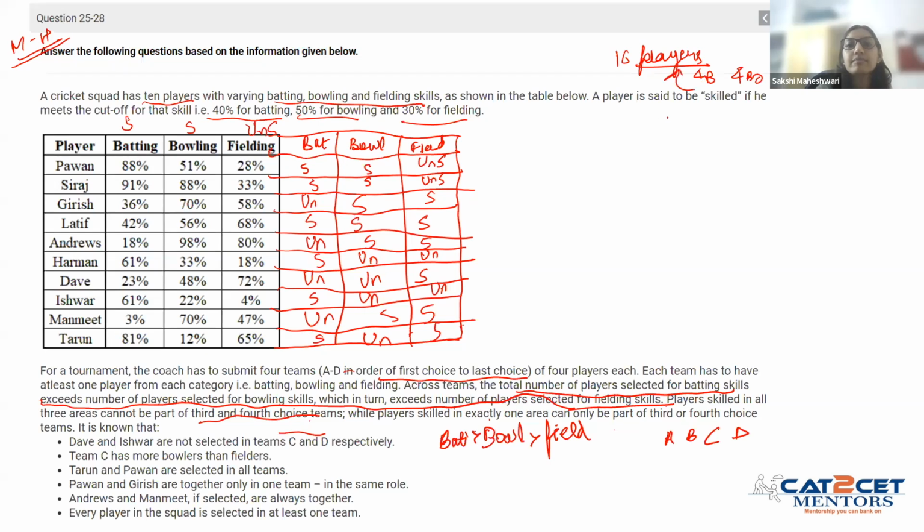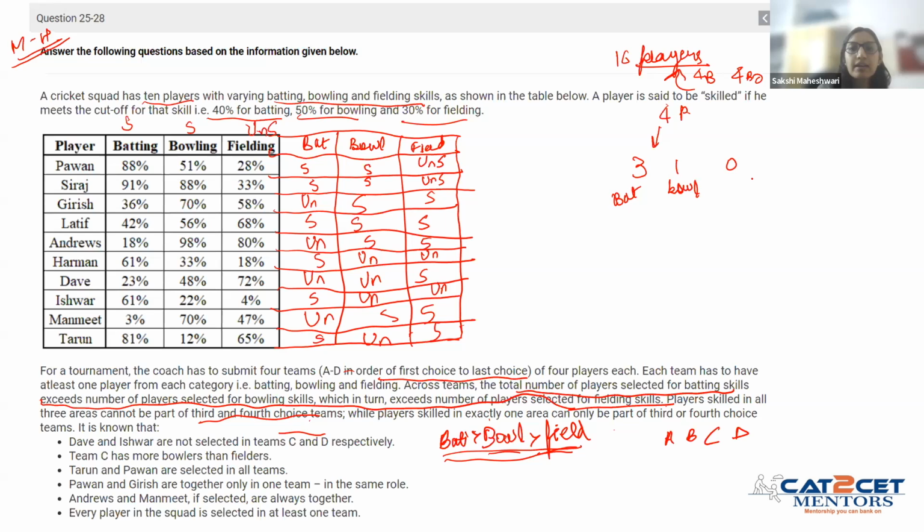And about the remaining four players, it's given that the number of players in batting are greater than bowling and greater than fielding. So how do we distribute these four to make this order? I think the only way we can satisfy is 3, 1, and 0.